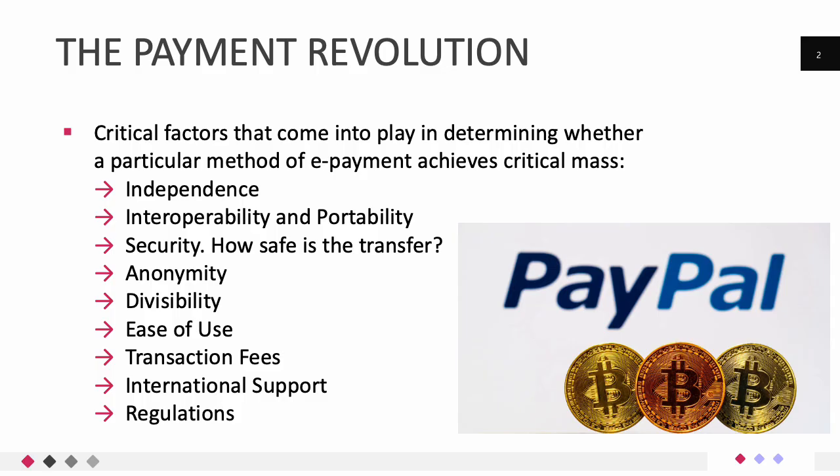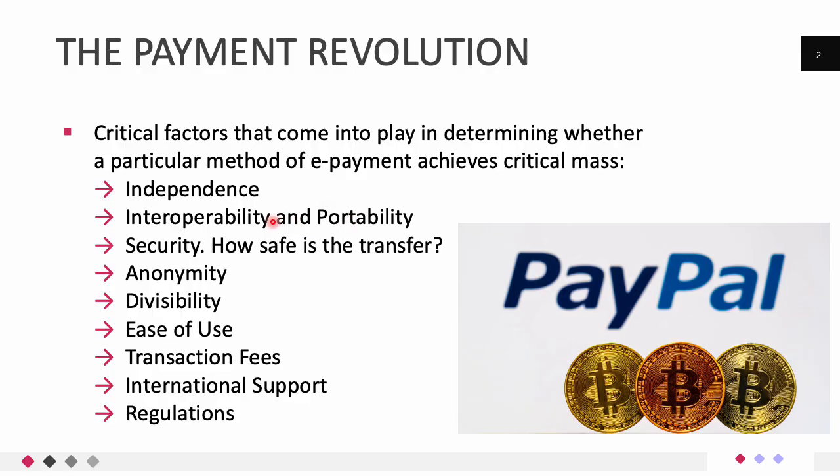So here's why. First, independence. It means that the payment system works on its own, not tied to just one bank or app.